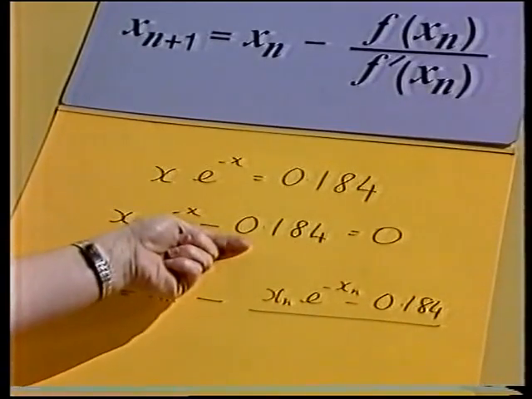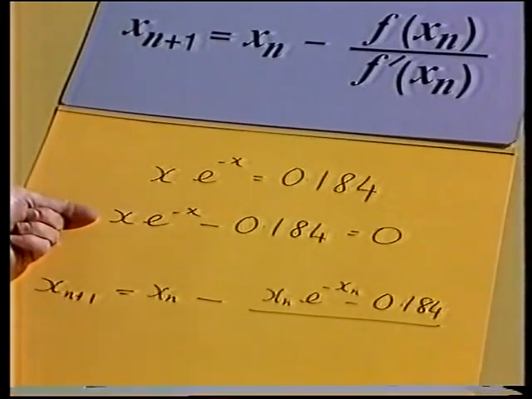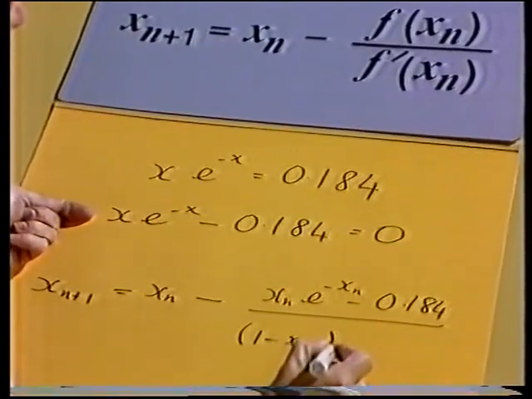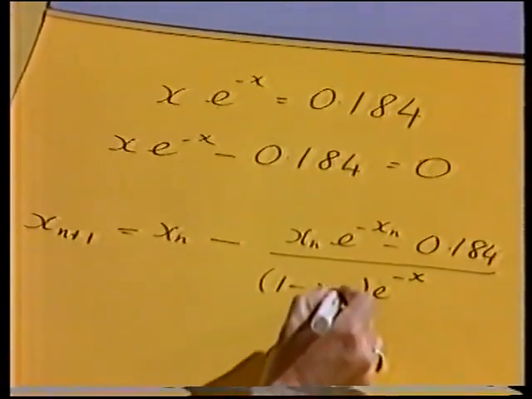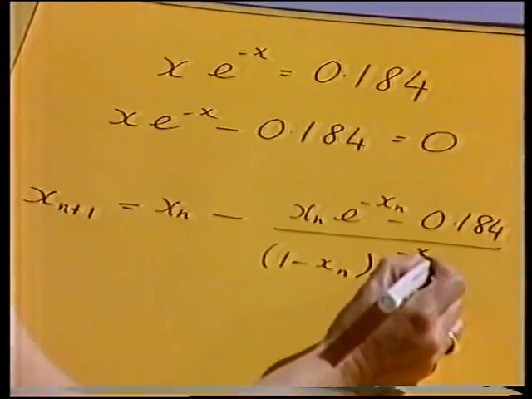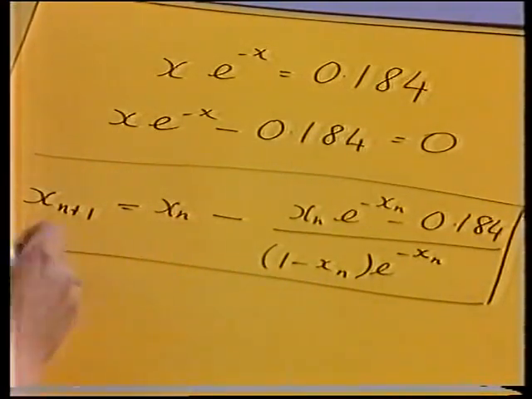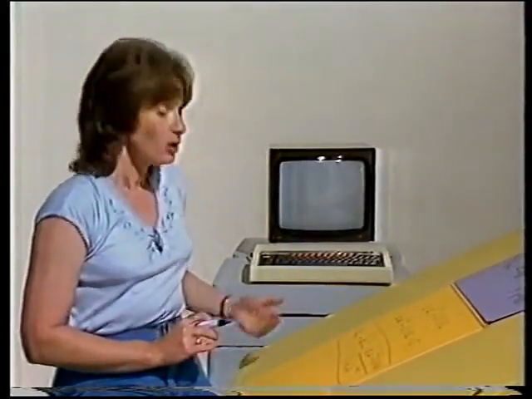Well, this bit is a constant, so its derivative is 0. And we've already got the derivative of x e to the minus x. Remember, it's 1 minus x times e to the minus x. And I want it evaluated at x n. So here's the iteration formula for finding x. We'll do it using this micro.